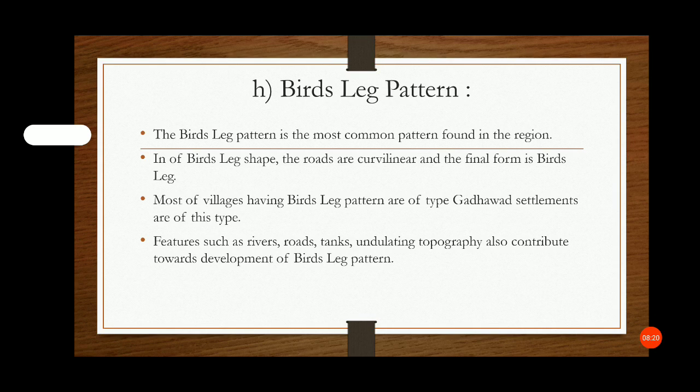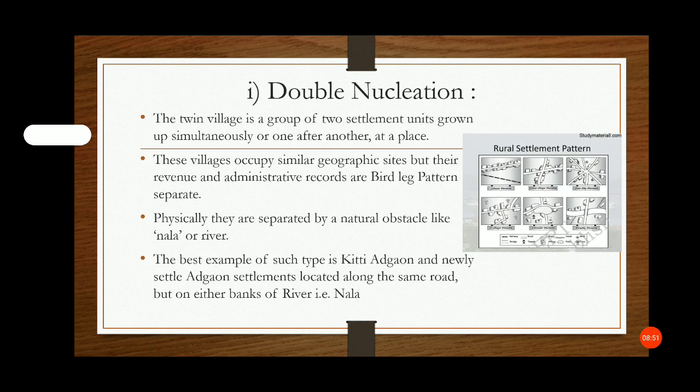Gadwad settlement is of this type. When more than two rivers meet each other, or two or three roads meet at a specific point, a bird leg pattern develops. Features such as river, road, tank, and undulating topography also contribute towards the development of the bird leg pattern.